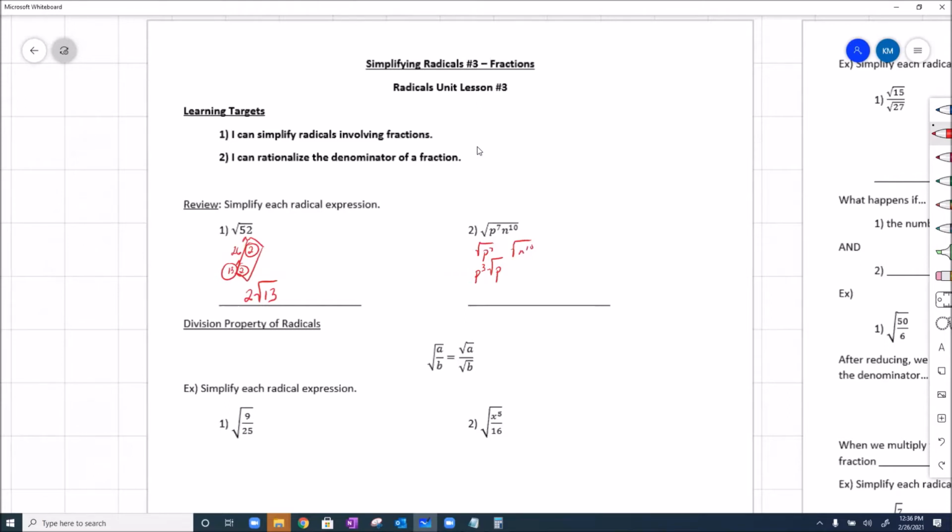N to the 10th, 10 divided by 2 was 5. So we had 5 pairs of n's. So our rule, multiplying outside by outside, we have p to the third times n to the 5th, and inside times inside, only p is left on the inside. Our simplified radical here would be p to the third, n to the 5th, radical p.